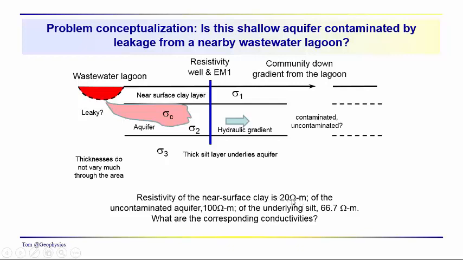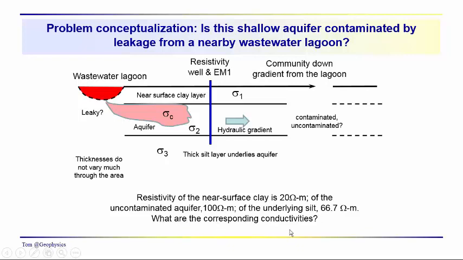How do we convert a resistivity into a conductivity? And then we have an uncontaminated aquifer here with a resistivity of 100 ohm meters. And beneath all that we have a layer of silt with a resistivity of 66.7 ohm meters.